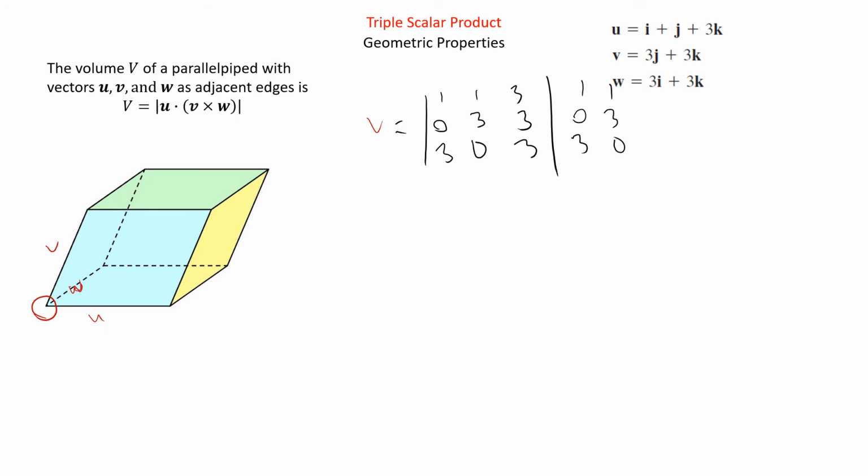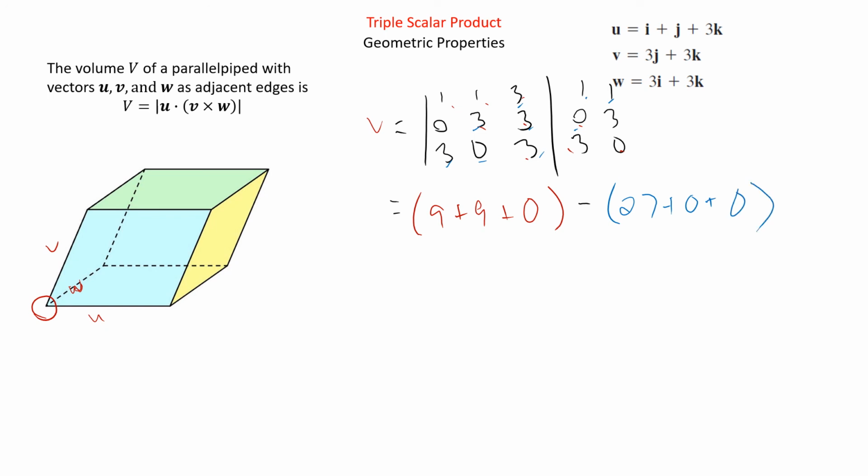We're going to do our first multiplications. 1, 3, 3 is 9, plus 1, 3, 3 is another 9, plus 3 times 0 is 0, minus 3 times 3 times 3 is 27, 0 times 3 times 1 is 0, and 3 times 0 times 1 is also 0.